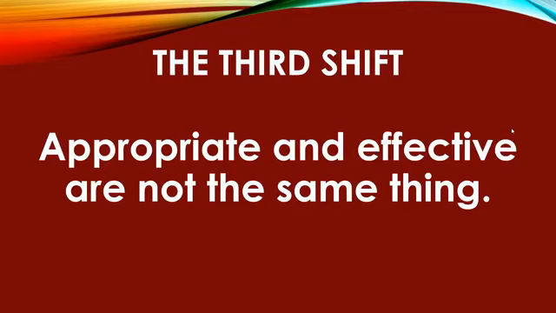A lot of times kids who are struggling in social situations have found a behavior that is effective for them in serving a certain purpose, but it might not be what we consider appropriate and desirable. A perfect example would be a student who does not want to do their work, so they hide under their desk. Well, that is not an appropriate behavior, but it's effective in that moment because they don't have to do a thing that they don't want to do.